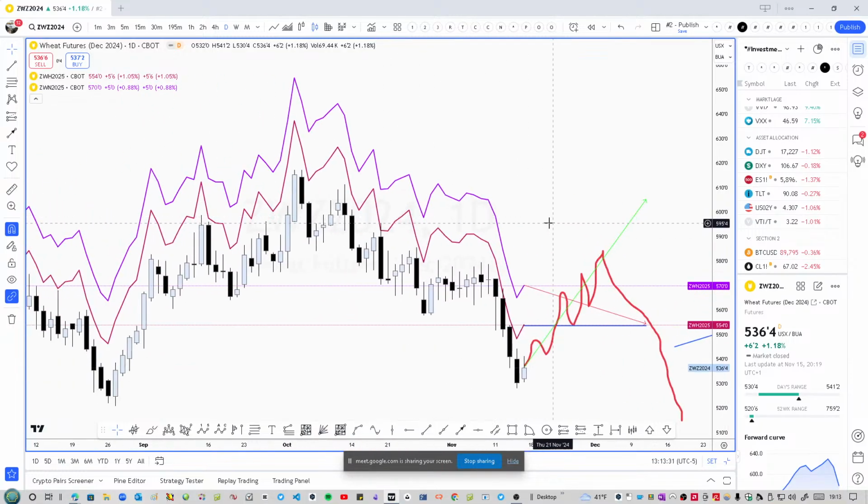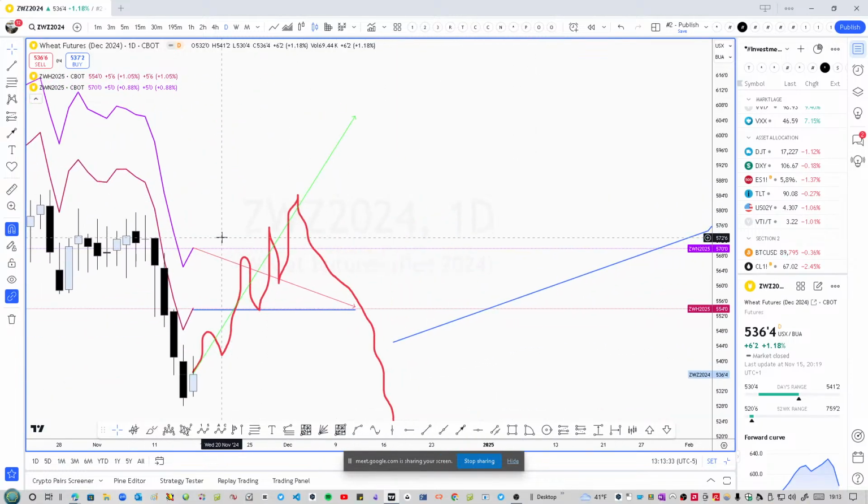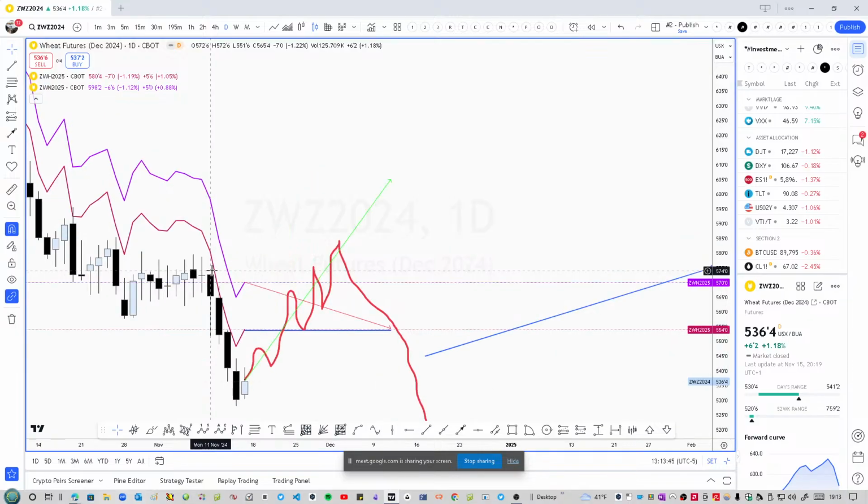But that's also why you can now hedge yourself against price fluctuations in the future or upcoming price actions.